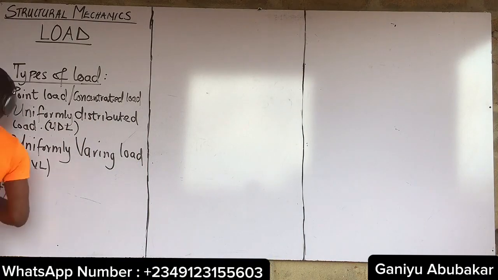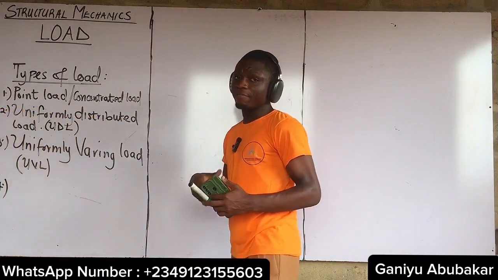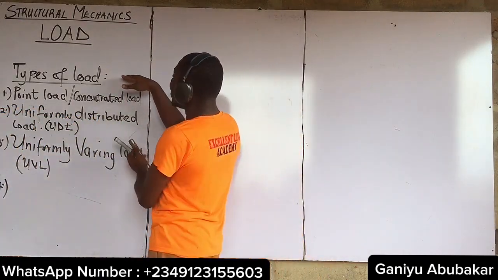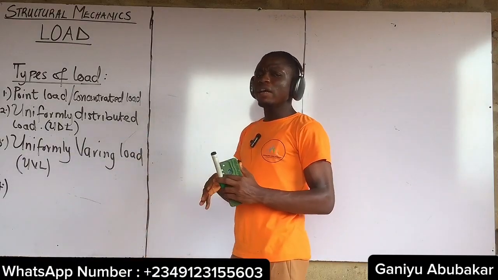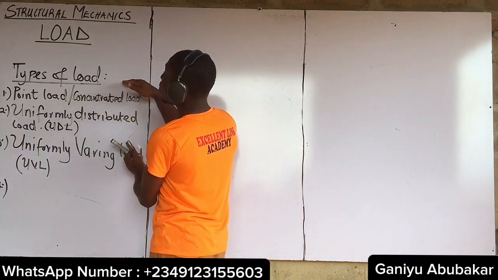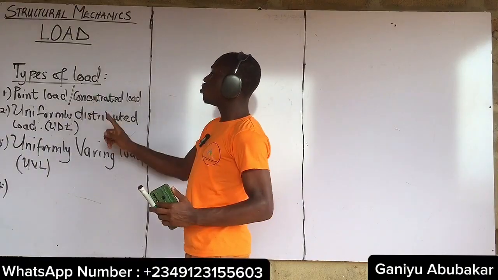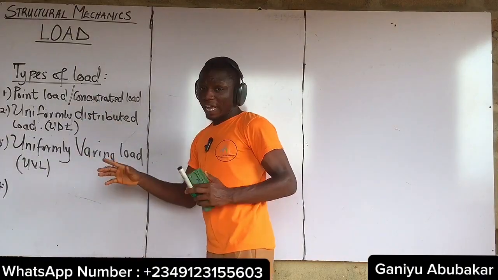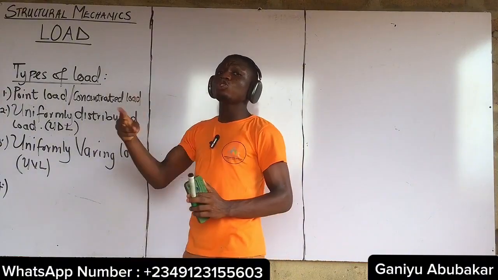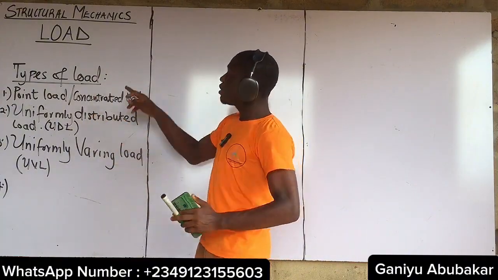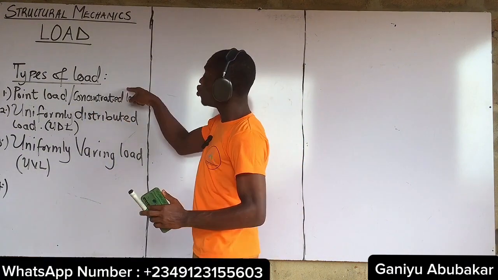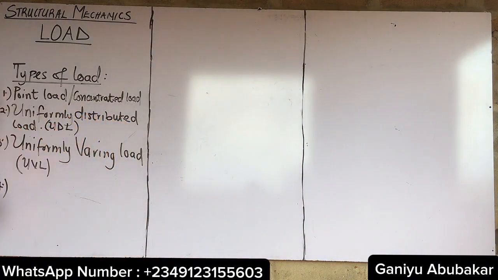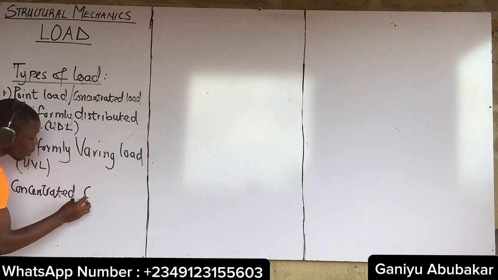These are the three main fundamental types of load that we have: point load, UDL, and UVL. Aside from this, I'll show you two more that exist. But note that these are the three major ones. Aside from these three major ones, we have what we call the concentrated couple load.